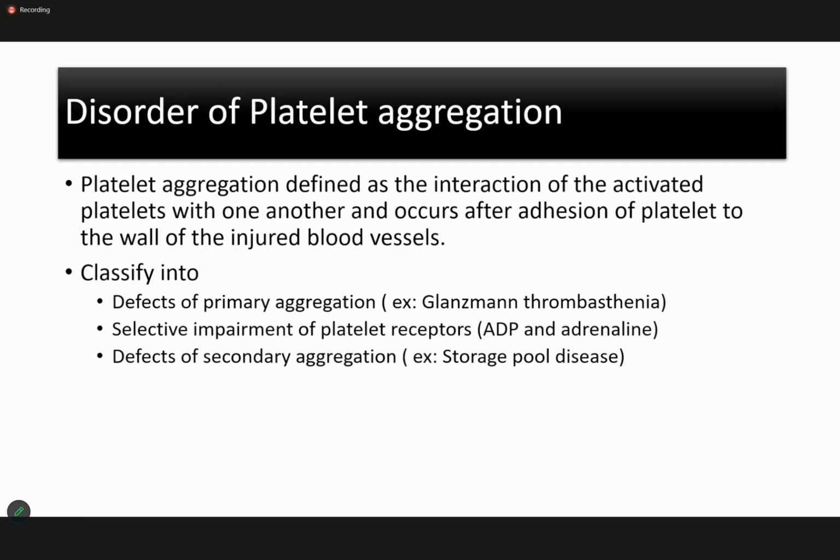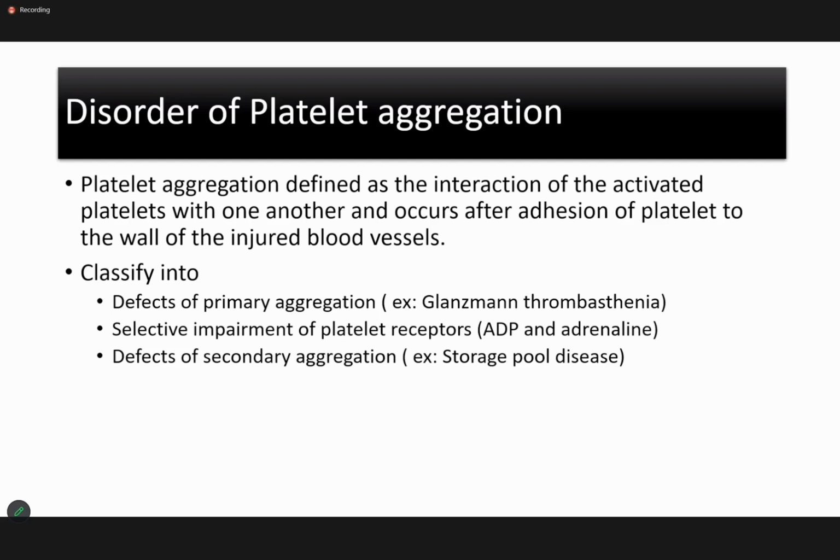Under the disorder of platelet aggregation, there are many problems that can happen, and we can classify them into maybe a defect of primary aggregation, or a defect of selective impairment of platelet receptors, or a defect of secondary aggregation.